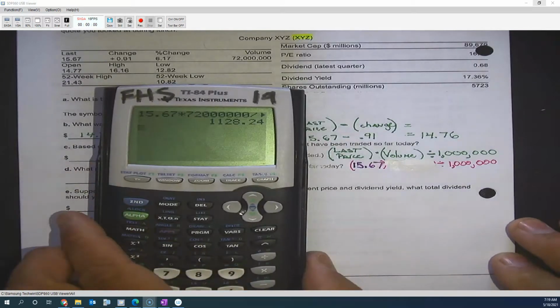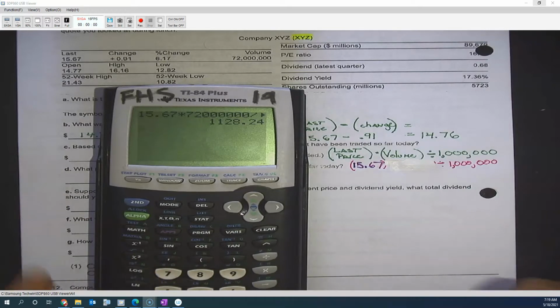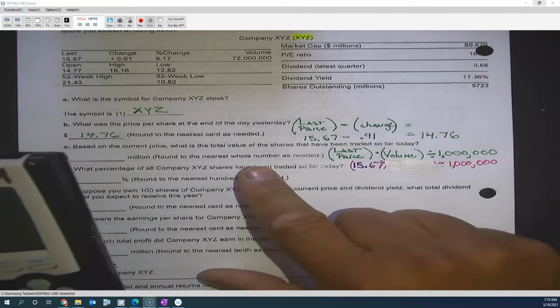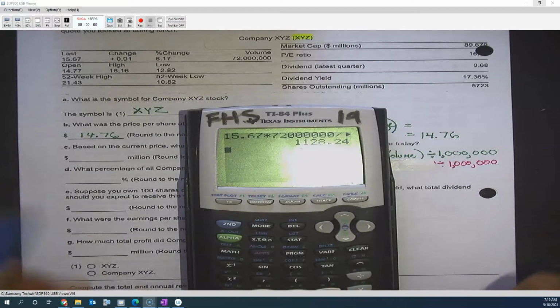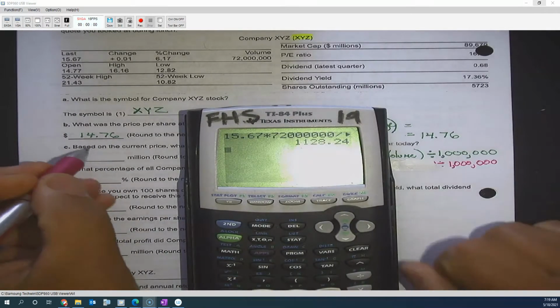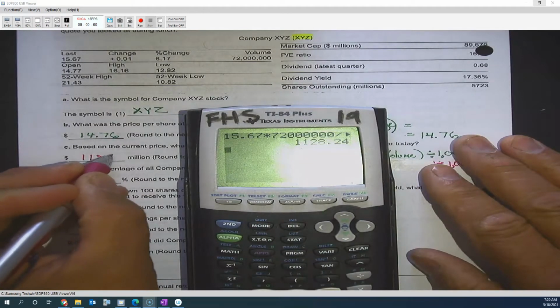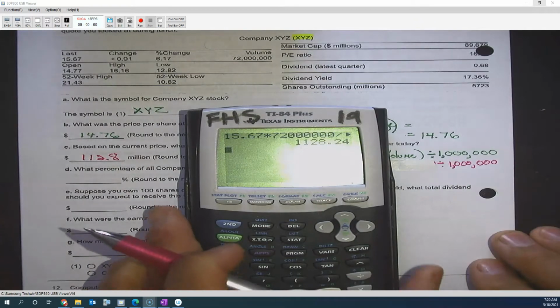Okay, and we end up with 1128.24, and it says round to the nearest whole number. So that's going to round to 1128 million.